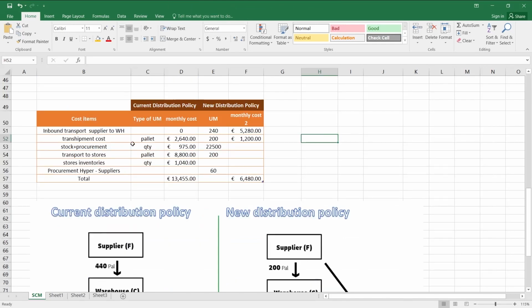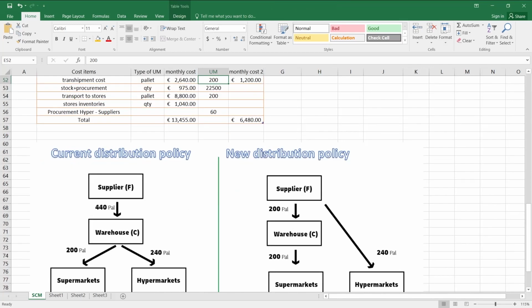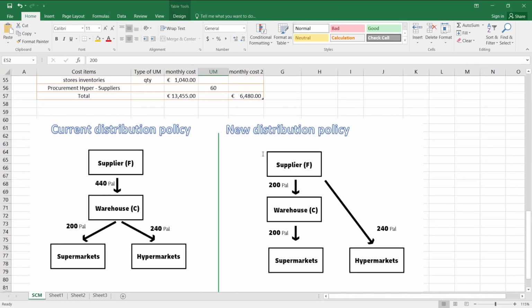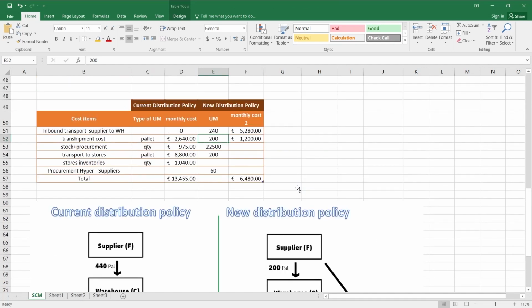Now for the transshipment cost, we can see here that we are left with only 200 pallets. If we were delivering 440 pallets in the first distribution policy to the warehouse, now we are left with only 200 pallets.